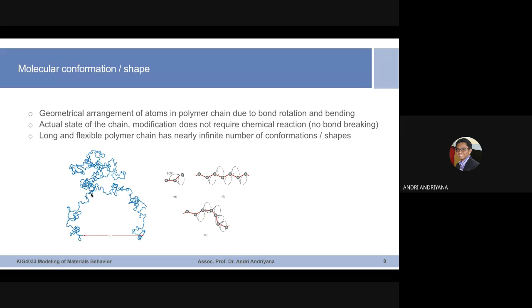How is the mechanism of the change of conformation? It is through a process called bond rotations and bending. Here, if I have a simple illustration of three adjacent atoms, they are connected through covalent bonding. Again, you need to look back at material science: covalent bondings are directional in nature.